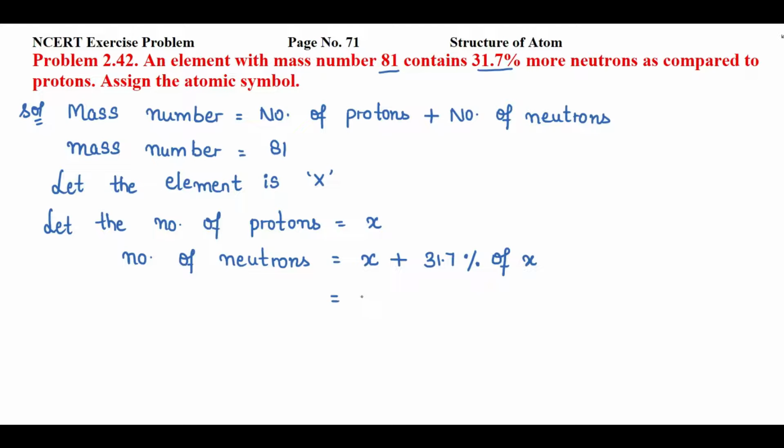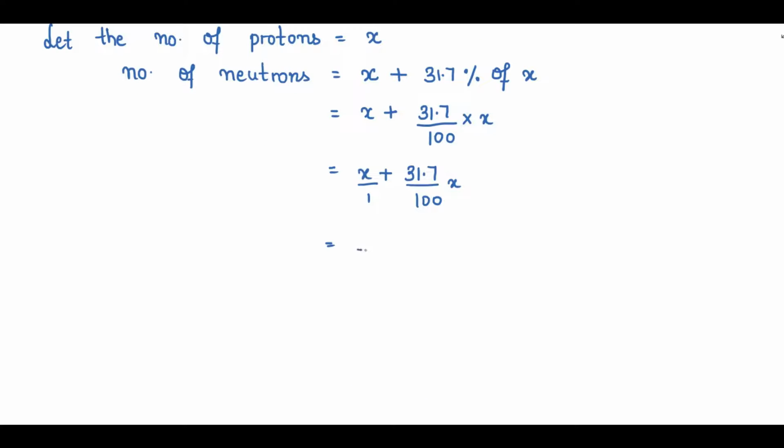Now let's solve. x plus 31.7. I'll remove this percentage sign and divide this value by 100, into x. So it will be x plus 31.7 by 100 x. I'm not having anything in the denominator of x, so I'll assume 1 over here. I'll take the LCM. So 1 into 100, it will be 100.